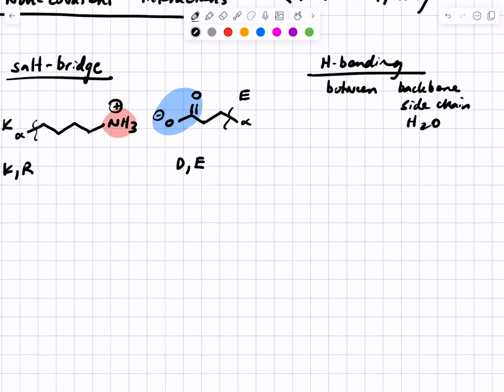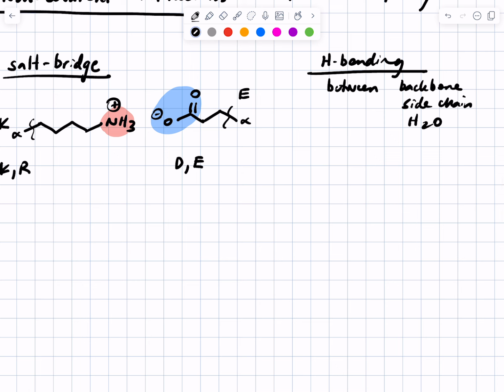I'm just going to show you an example of a hydrogen bond between backbone groups in a peptide. Here is a carbonyl oxygen from one amino acid, and then here is a nitrogen of another amino acid, and the carbonyl of another amino acid.